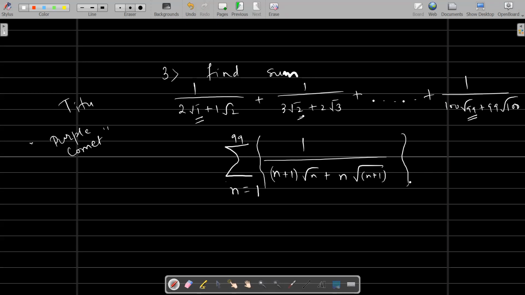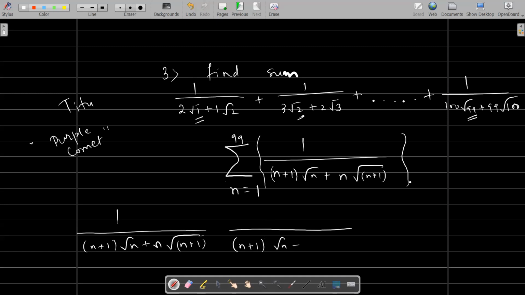I'll try to simplify this general term, and the process is called rationalization. I'll multiply and divide by the same term, so it's as good as nothing. And what term will I multiply? n plus 1 root n minus n times root n plus 1.